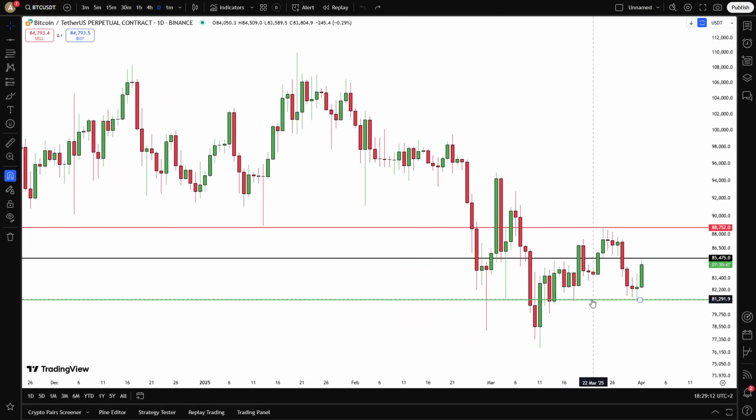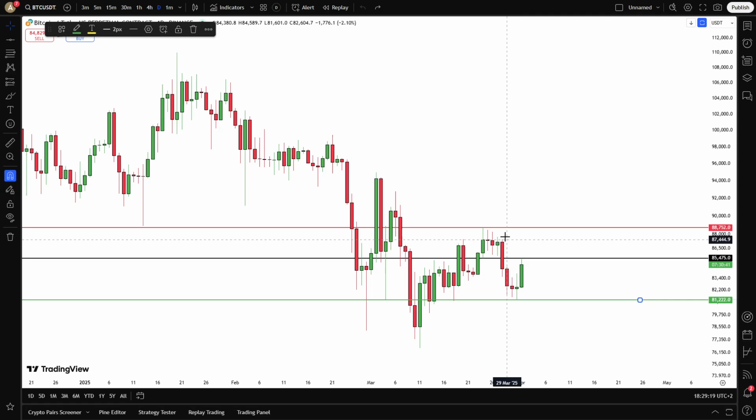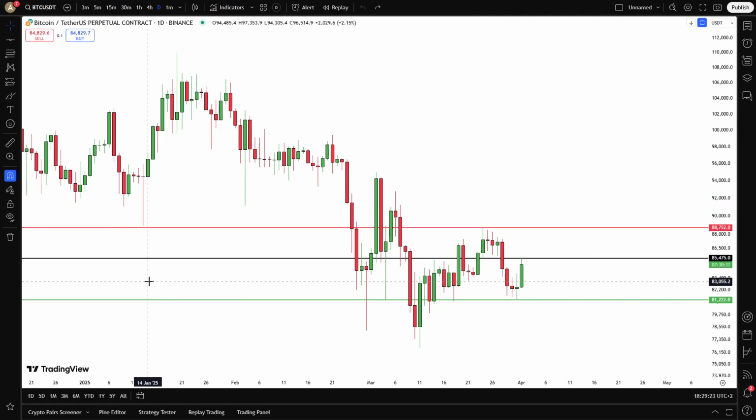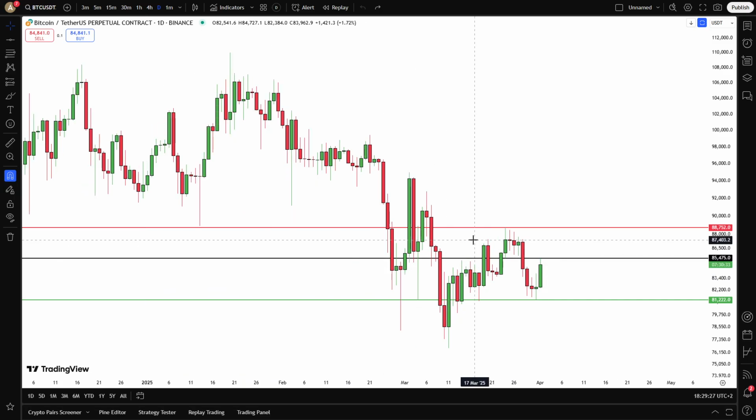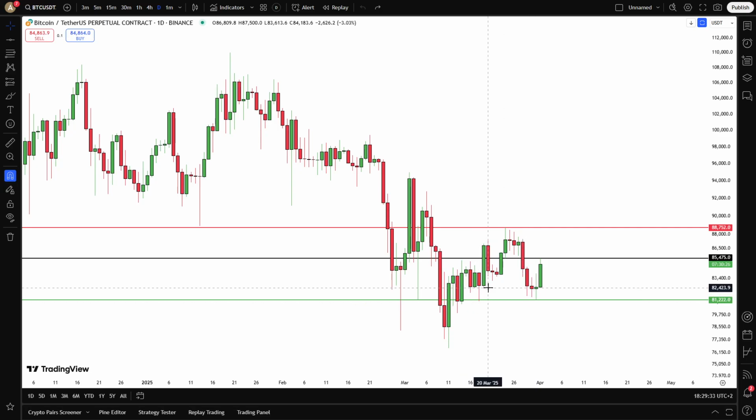Let's just look at all three of them. So remember, we drew them right here, here, and here. So we haven't even looked at previous data points. Let's just zoom out a bit. You can already see here, this same level was support. Here again. Here we broke below, got back above.